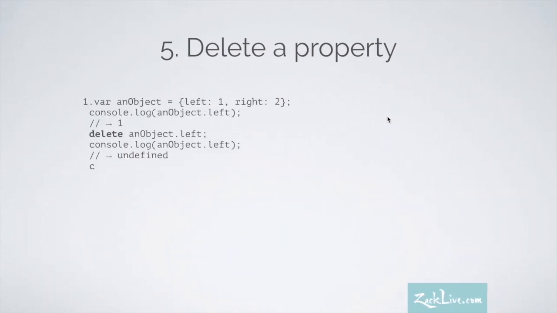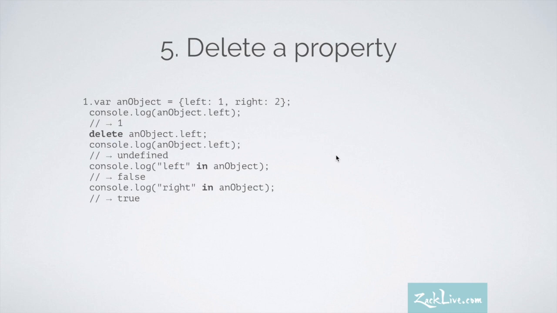In the last example, we added a property to an object; we can also delete a property from an object. In this example, the object has two properties. We use delete to delete the left property. So when we try to console log after that, we got undefined as a result.